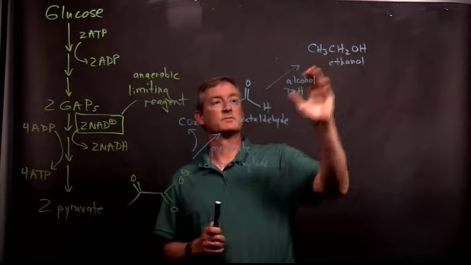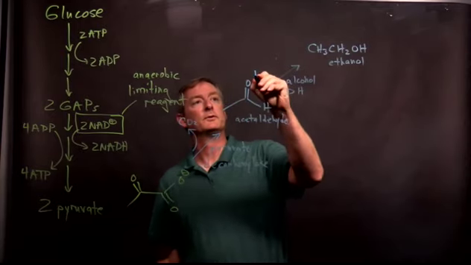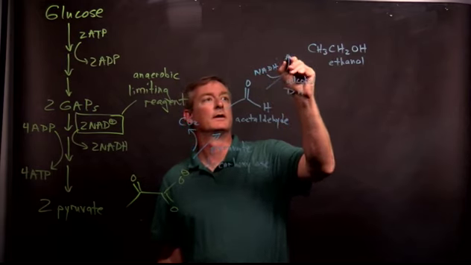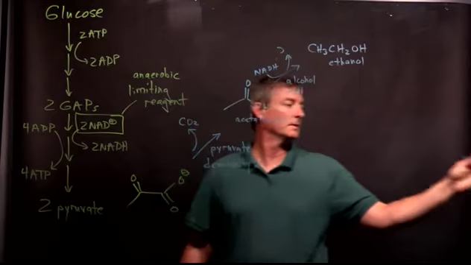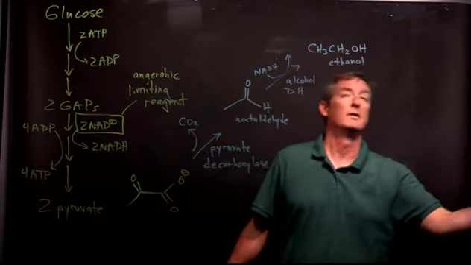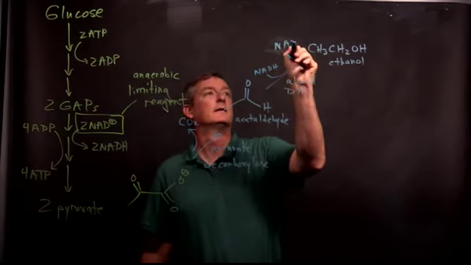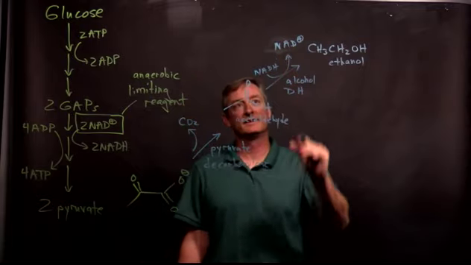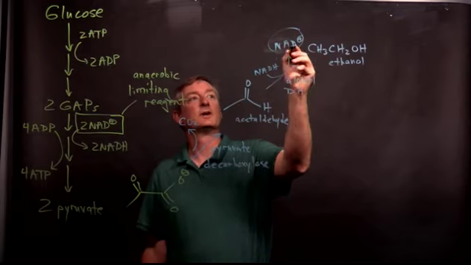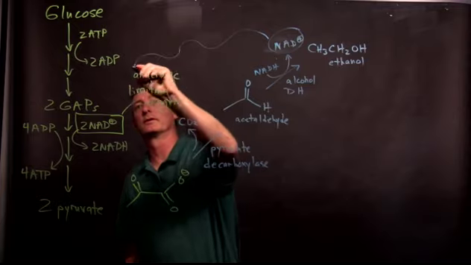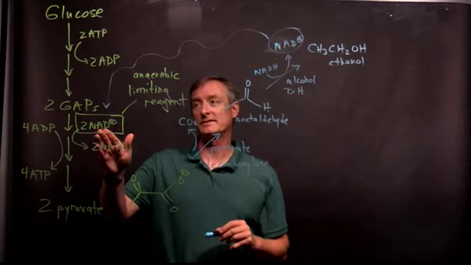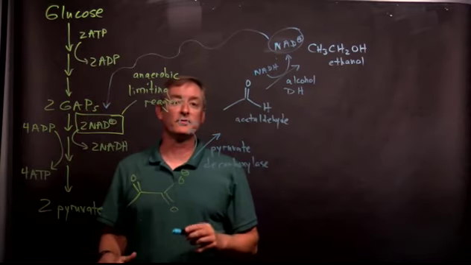And in the process of this reduction reaction, we're able to oxidize NADH back to NAD+. And this is really the whole purpose of this fermentation reaction, to generate NAD+ in order to feed it back into glycolysis so that glycolysis can continue for a little while longer.